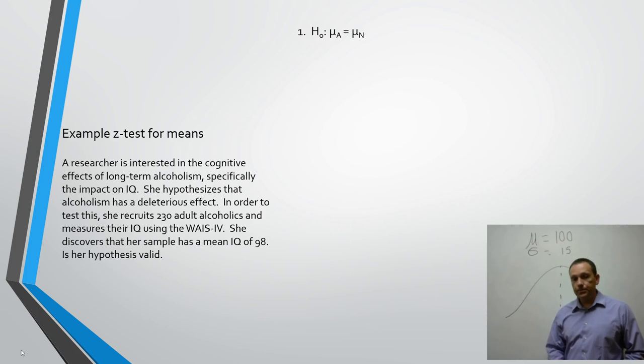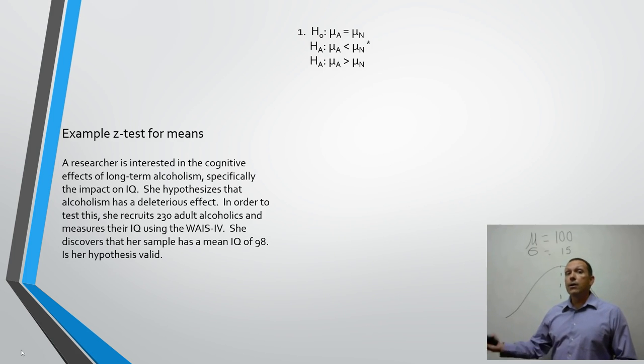Okay, and that is our null, and again, that's what we're always testing, whether or not there is a significant difference. Our alternative hypothesis is that long-term alcoholics are going to have a lower IQ than non-alcoholics. And you'll see the little asterisk next to this, which indicates this is our hypothesis. But the opposite could also be true, in that maybe alcohol use causes a higher IQ.